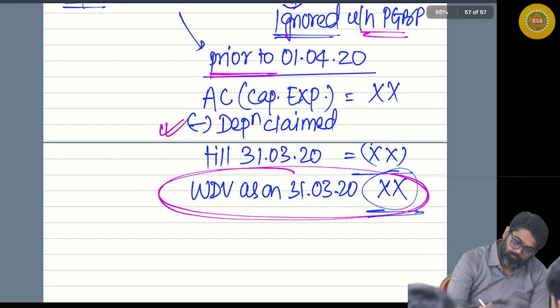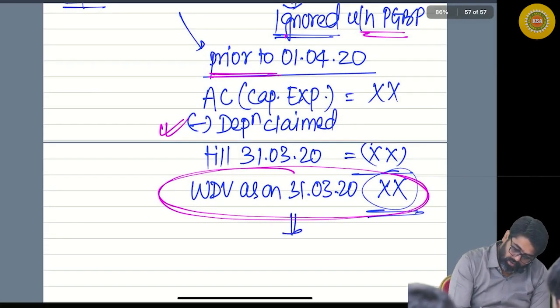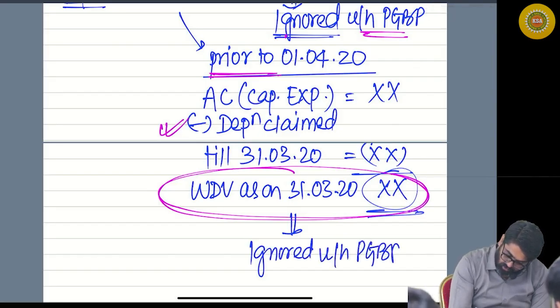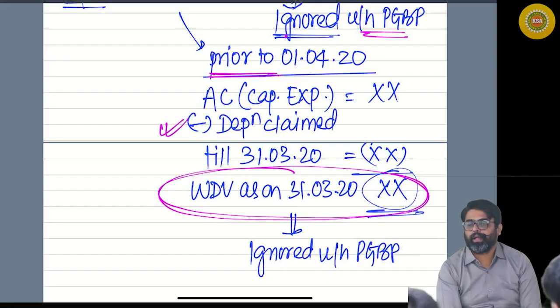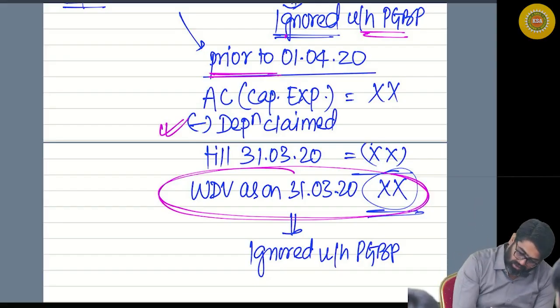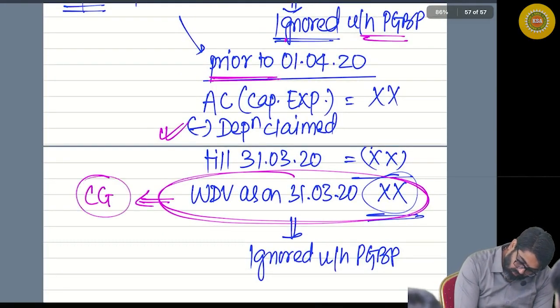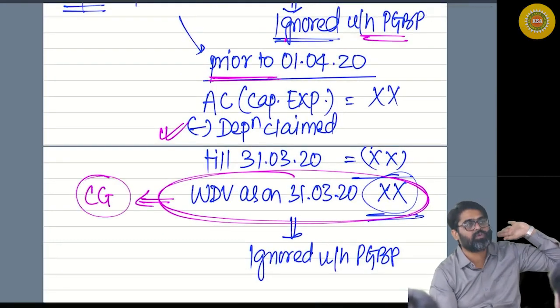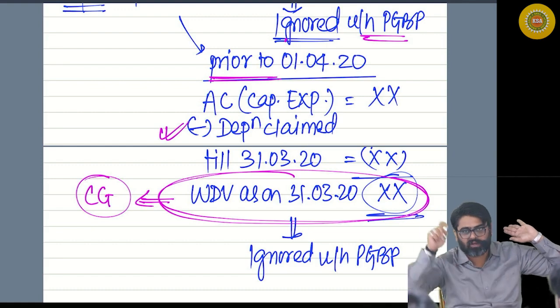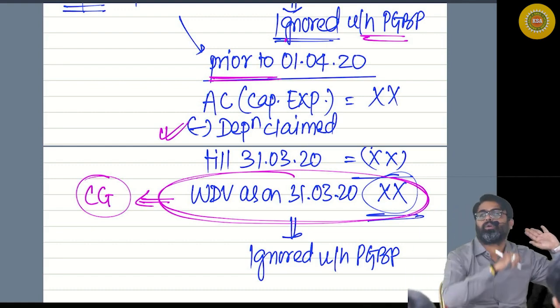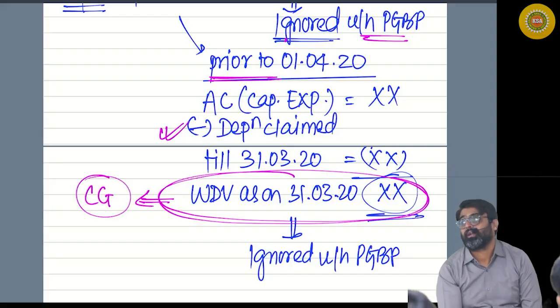This will also be ignored under the head PGBP, and now the remaining cost will be taken to the capital gain head. Whenever this goodwill will be sold in the future, the entire 10 lakh will not be allowed as cost. Only the remaining cost will be allowed as cost to calculate your capital gain.